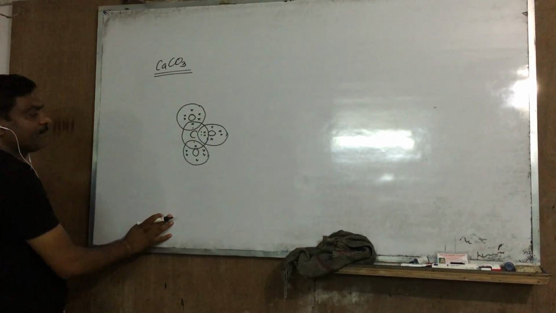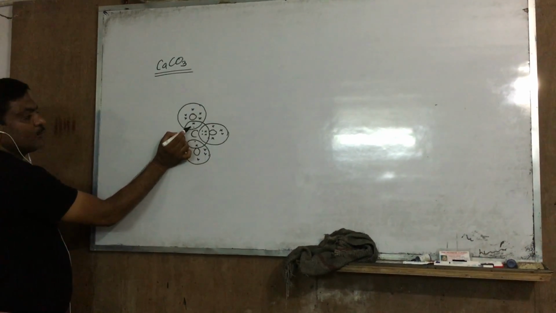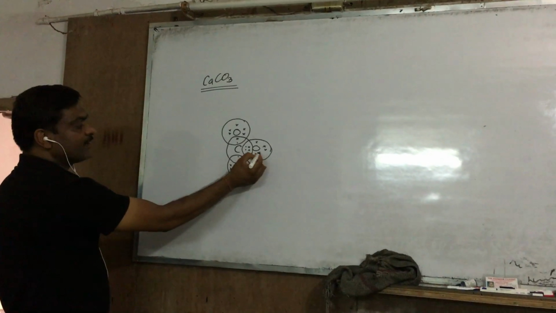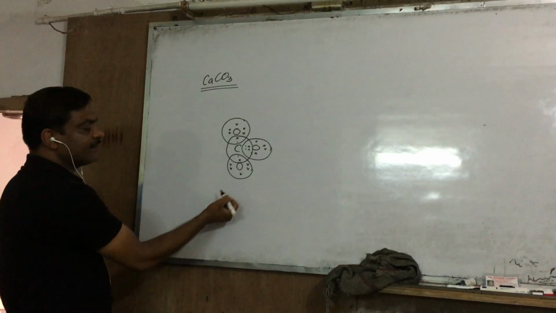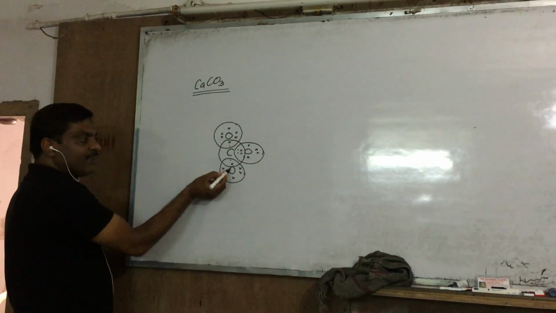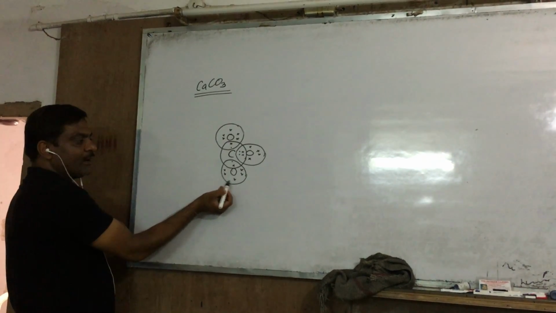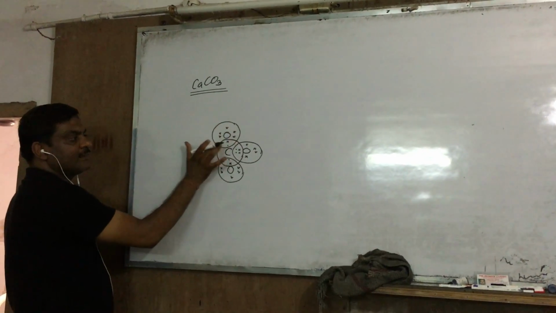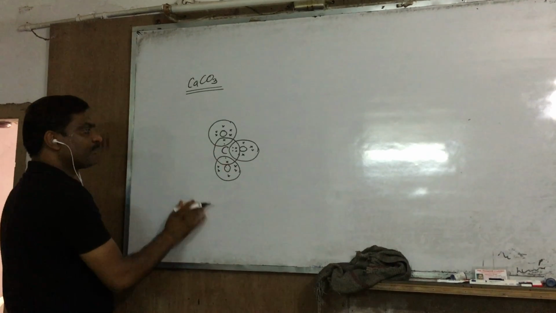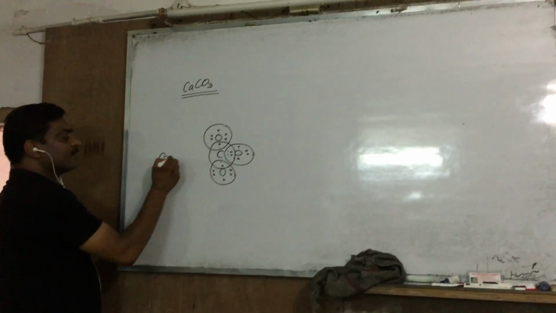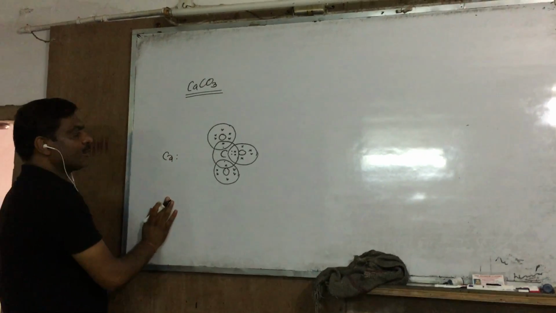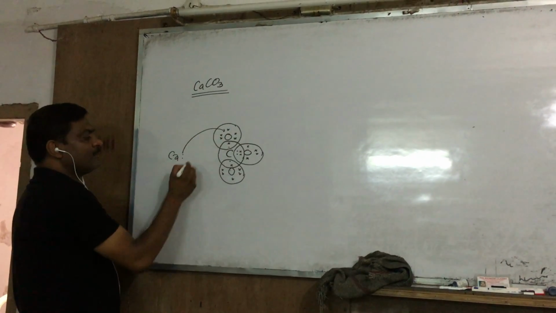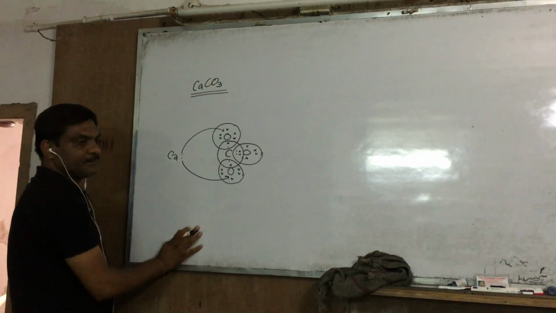Now carbon has 4 plus 2 plus 2, that is 8 electrons in the outermost orbit. This oxygen atom has 8 electrons in the outermost orbit. But this oxygen atom has 7 electrons in the outermost orbit, and this also has 7 electrons in its outermost orbit after combination. Calcium has 2 electrons in its outermost orbit. This calcium will provide 1 electron to this atom and 1 electron to this atom.